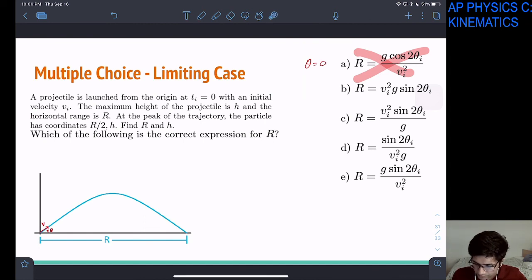Now let's look at the other ones. These all pretty much look similar, except the V and the G's are playing musical chairs with the numerator and the denominator. Let's think about G first. So what if we throw the ball normally, launch it forward on Earth.